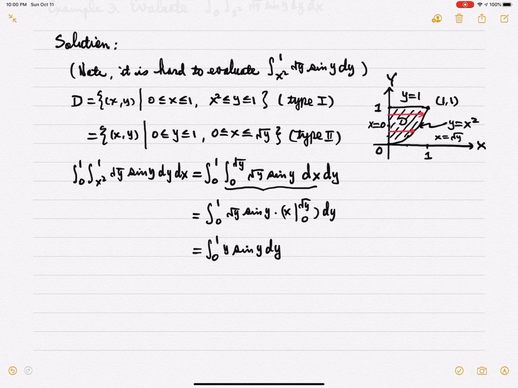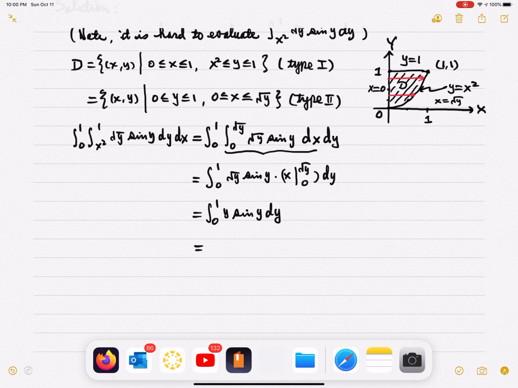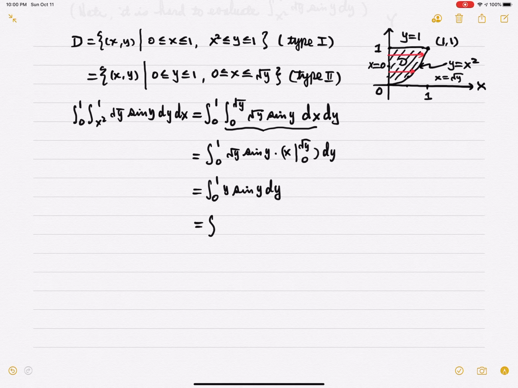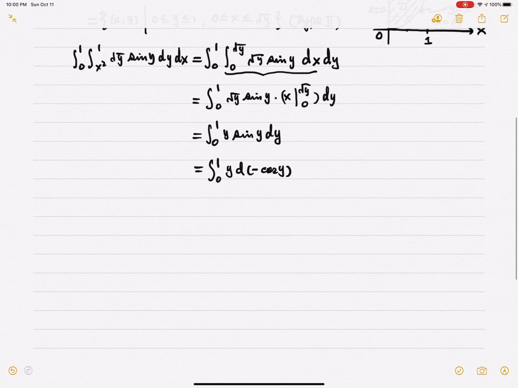Now, of course, we can use integration by parts. So here, put 0 to 1, y d of negative cosine y, right? So u dv. Now this is equal to uv, y times negative cosine y, plug in 1, 0, minus the integral from 0 to 1 of v du, cosine y dy, like that.